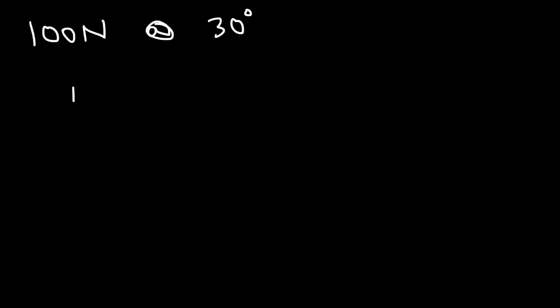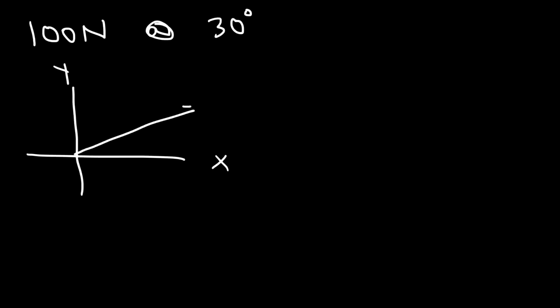You can also describe it graphically. So let's say this is the x-axis, this is the y-axis. So we have a force of 100 newtons at an angle of 30 degrees relative to the x-axis. So you can also describe the magnitude and direction graphically.